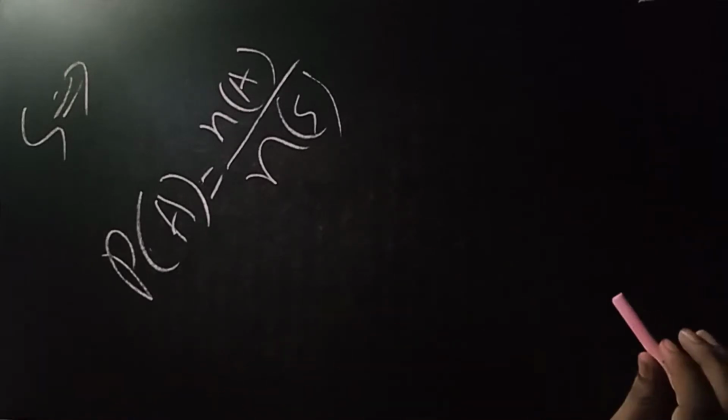So that's the basic principle of probability, and more than half of the probability sums are going to be just recognizing this n(A) and n(S) and applying the formula and nothing else. Everything is in this one formula. This is very simple.